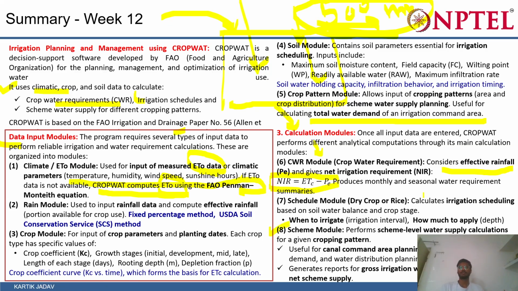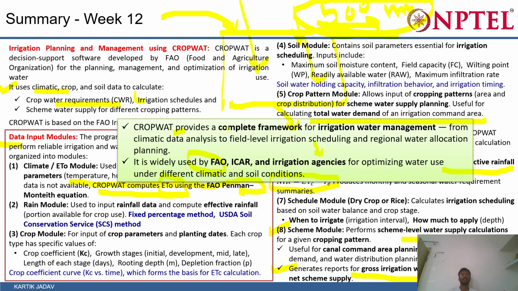The scheme module performs the scheme water supply calculation given a cropping pattern, and that is useful for canal command area planning, assessing total seasonal demand and water distribution. Finally, it will generate the reports for gross irrigation requirement and net supply.